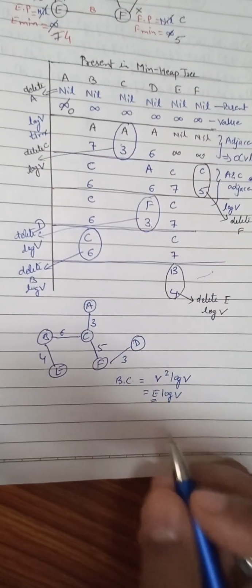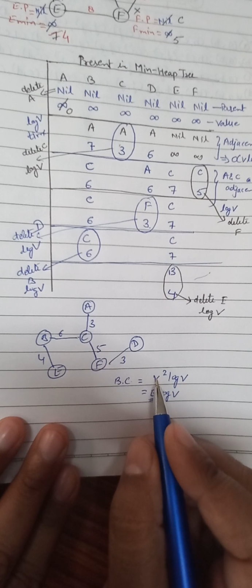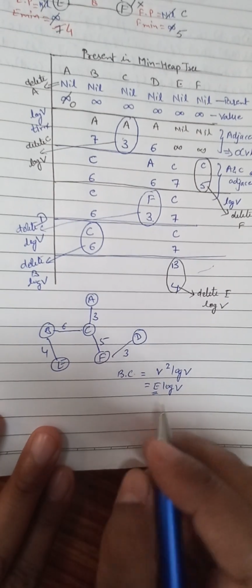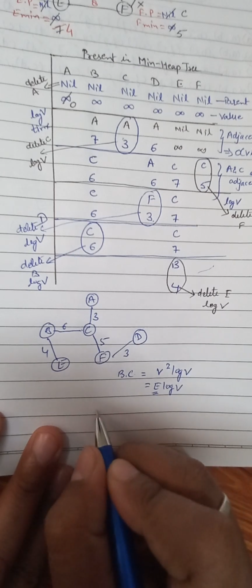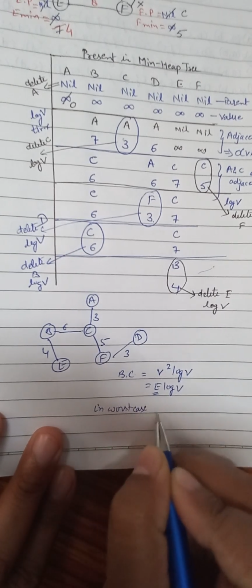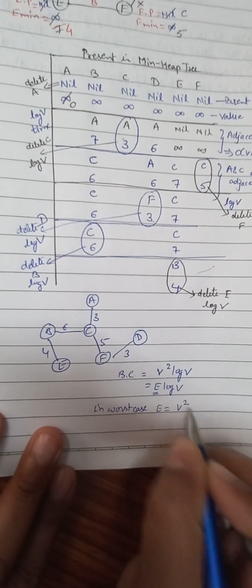So accordingly we have to go through. That's why instead of V square, we are writing E. It depends upon the edges. So we can say in the worst case E is equal to V square.